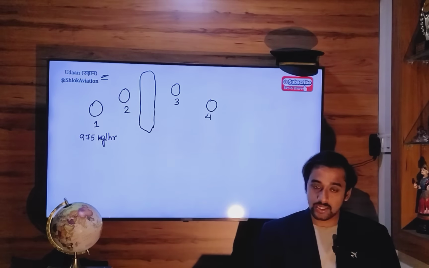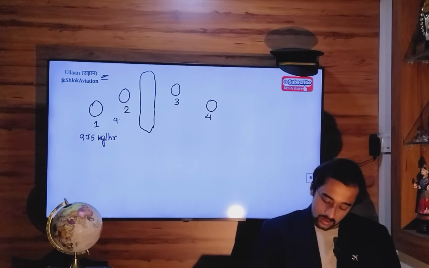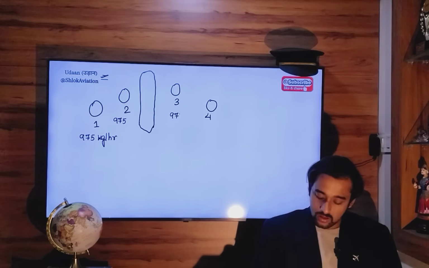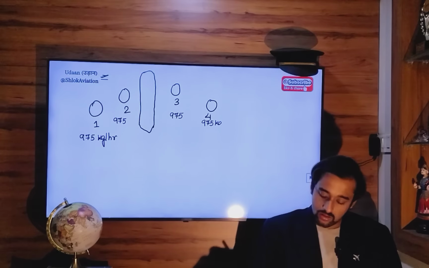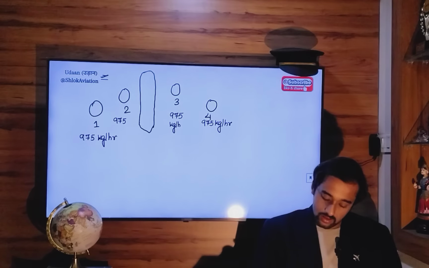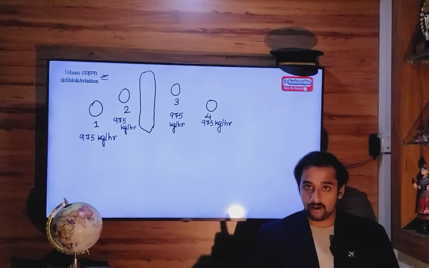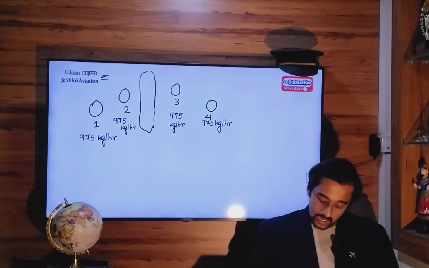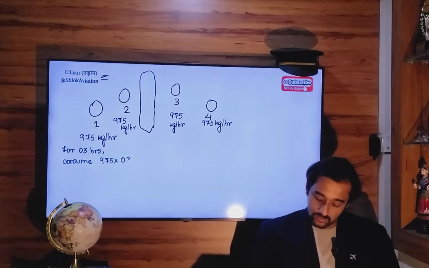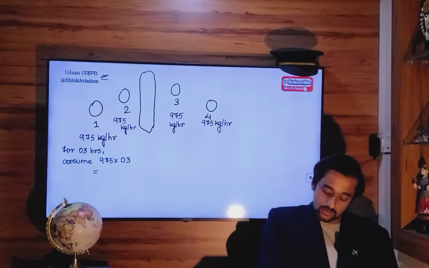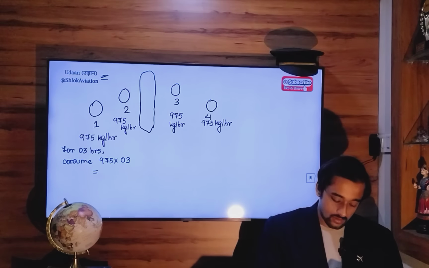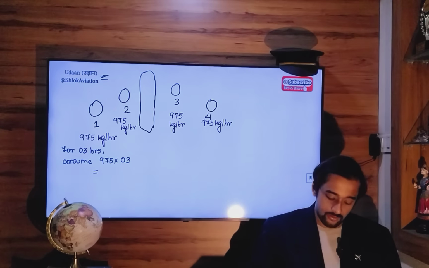Likewise with other engines. So every hour it consumes 975. It's a 3-hour flight, correct? So for 3 hours, engine 1 will consume 975 into 3, which is equal to 2,925 kilograms.